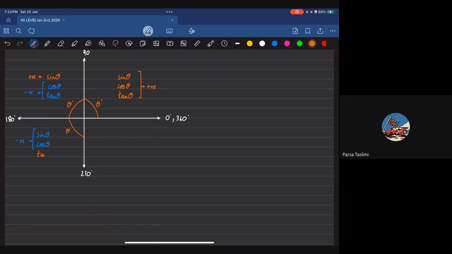And tan theta, on the other hand, is going to be positive. And lastly, in a complete rotation, if theta lies over here, only cos will be positive. Both sine theta and tan theta are going to be negative.